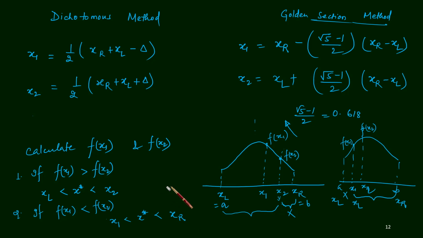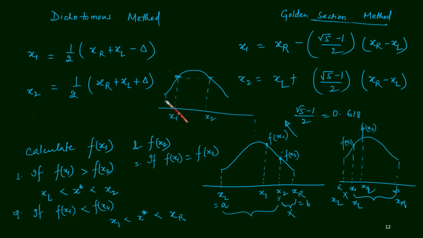Okay, let's suppose that both are equal. Suppose you found both equal. If fx1 is equal to fx2, in that case what will happen? Very simple. Let's suppose this is the function, and while calculating you found that this is x1 and this is x2 and both are equal. That means the optimum will lie in between x1 and x2.